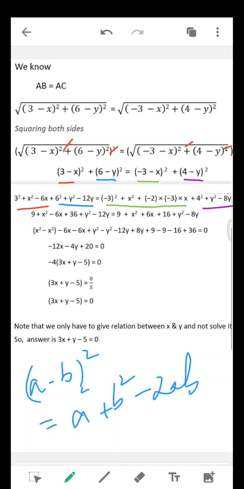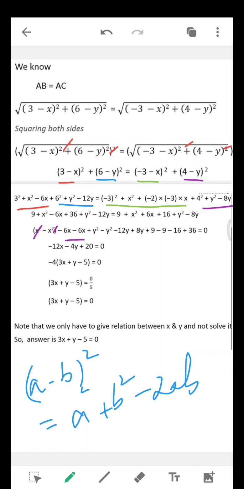Then I'll take all the terms to the left, so transposing all the terms on one side, we'll get this step. Simplifying it further, x square minus x square gets cancelled here.